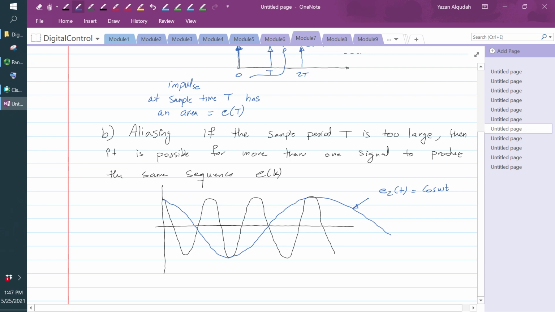Now if I look at the other signal, it is obvious that it has a frequency that is 3 times the first signal. e1 of t is equal to cosine 3 omega t.